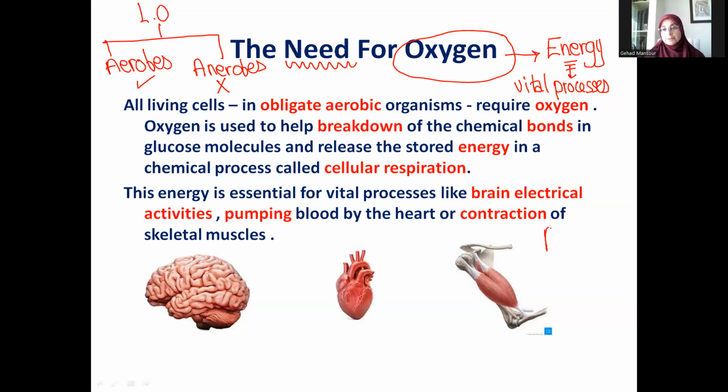Coming to aerobes, aerobes require oxygen to get their energy, but aerobes are divided into obligate aerobes that can survive only and produce energy only in the presence of oxygen. Of course, you understand that if energy is not available for the vital processes in the body, then the organism might not be capable of continuing life.